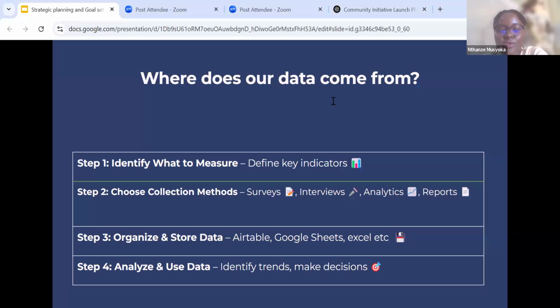All right. So now that you have your initiative, your goal, and your indicators, what data collection mechanism are you planning to employ? There are many data collection techniques. You can use surveys, pre and post surveys.